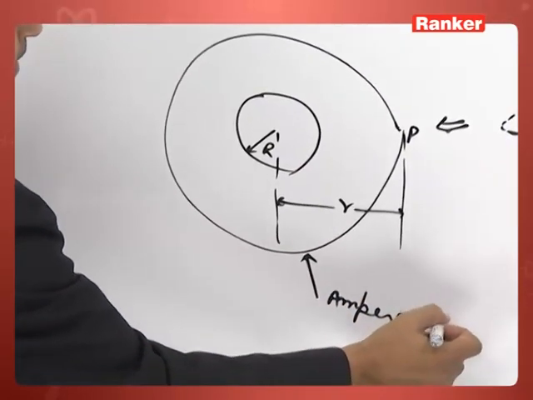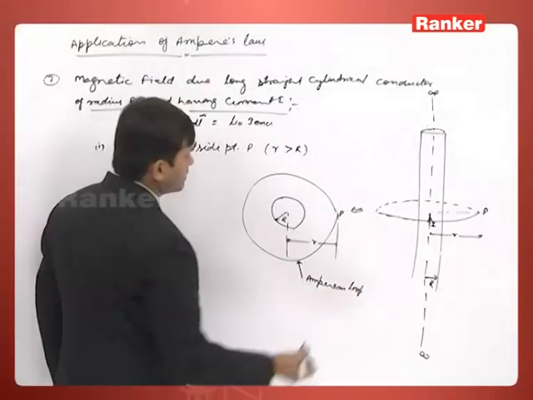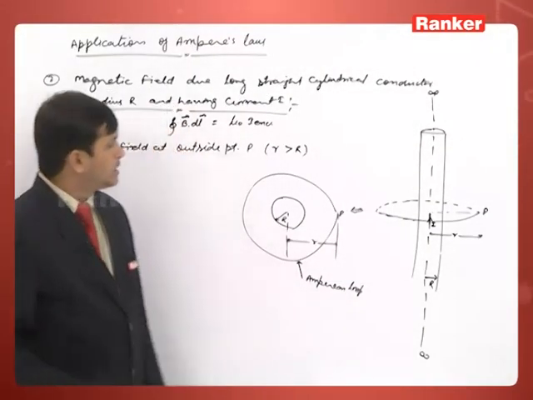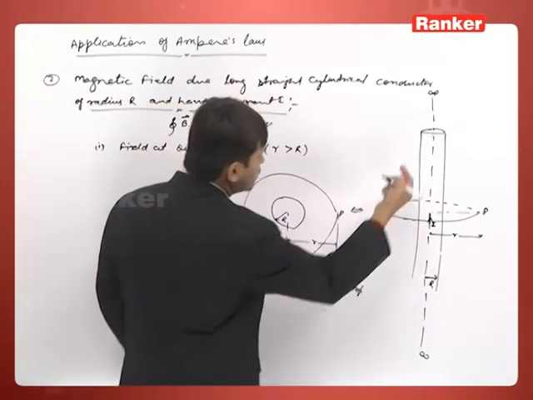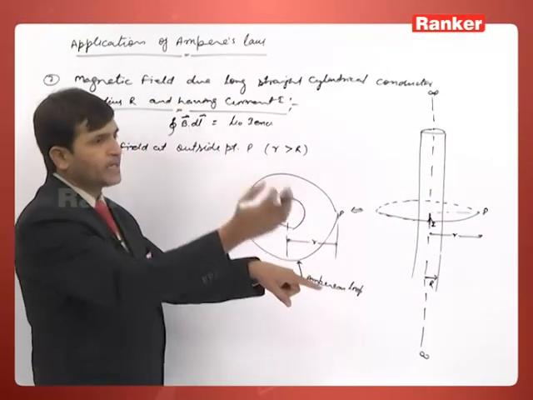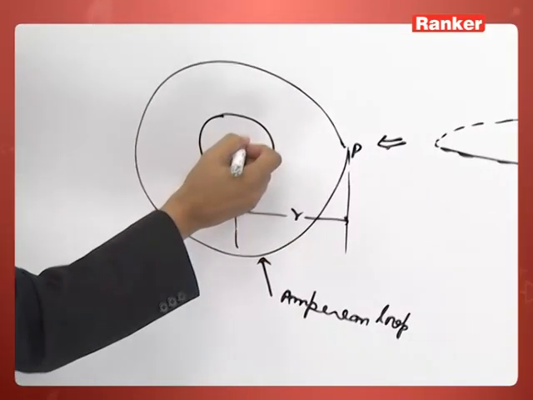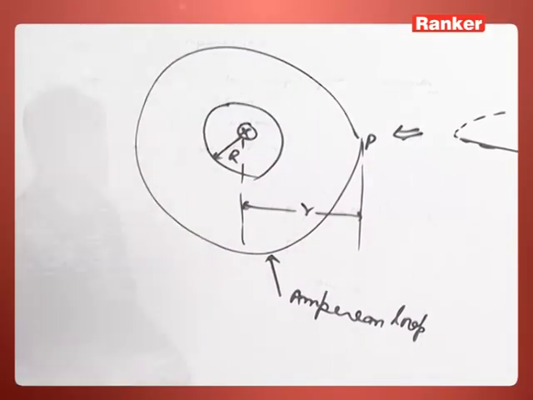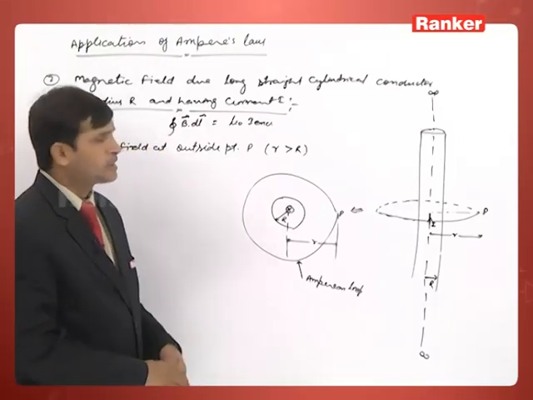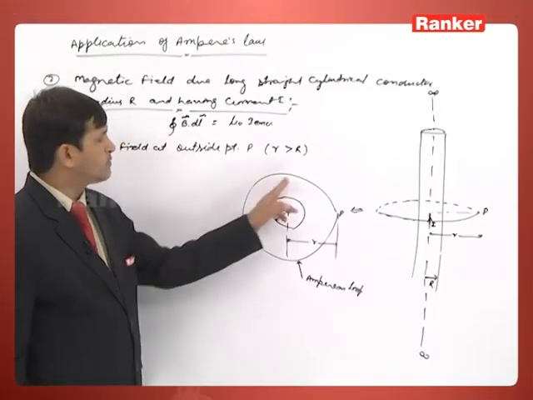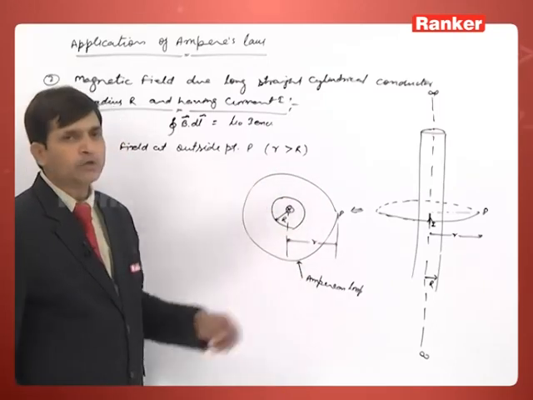This is the Amperian loop, which is a circular loop. After considering the Amperian circular loop with current outward, when we have rotated the system like this, the current will be over here inward like this. Now the next step is to define the direction in which we want to move on that loop.